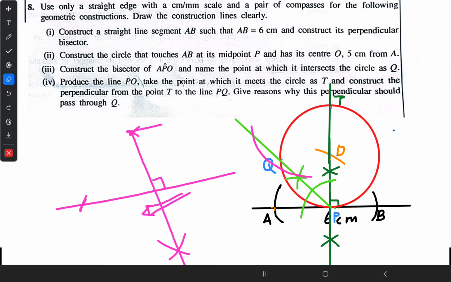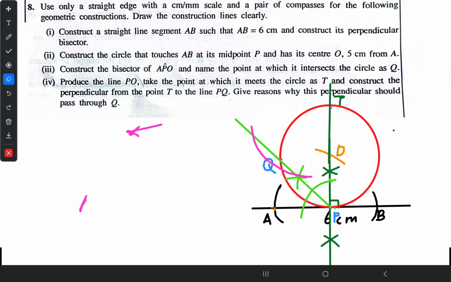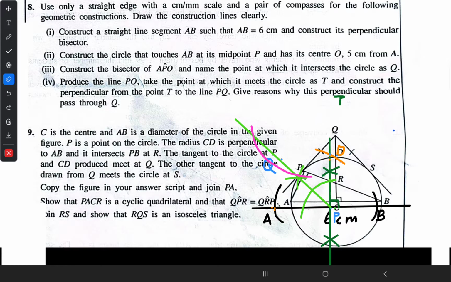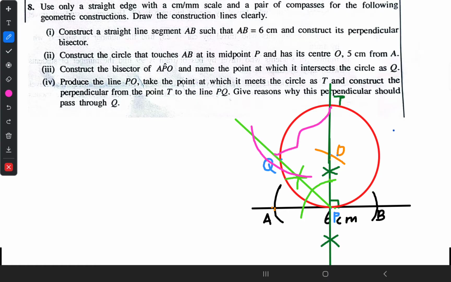Then as usual, as I have explained, you should follow the same procedure to construct your perpendicular line. That's very easy. Here, I measured a partial measurement. Just take a measurement which is a little greater than the distance in between. Draw an arc that should intersect at 2 points.